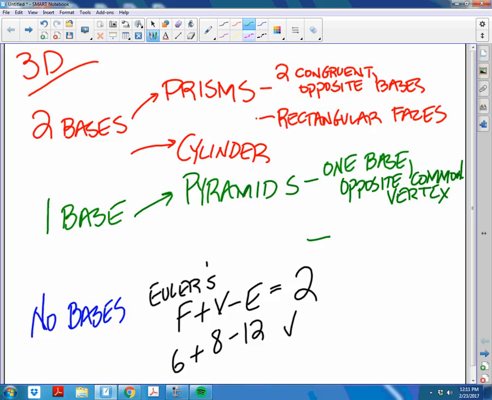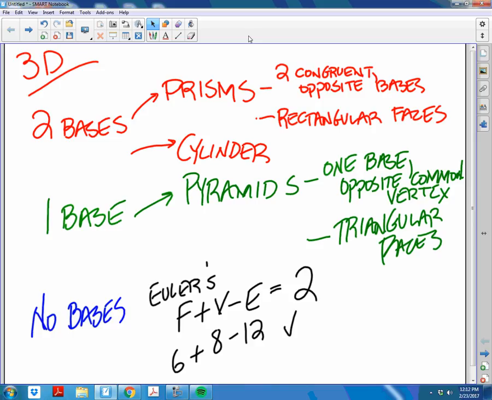Now you have one base and its opposite a common vertex, and you have triangular faces with a pyramid. I'll show you what I mean. I have this, a rectangular or square pyramid, depending on how it's marked.